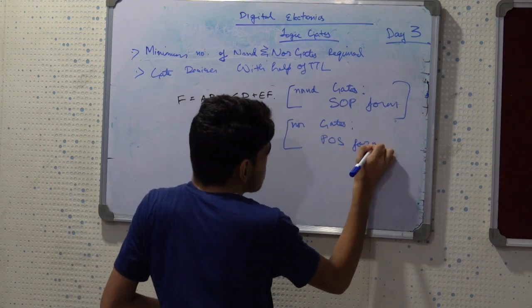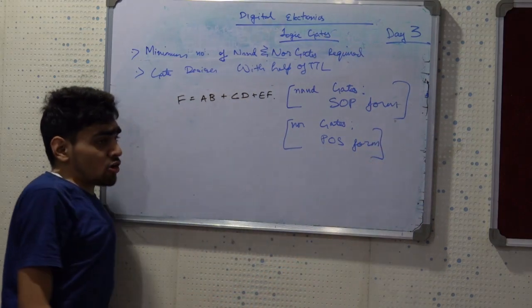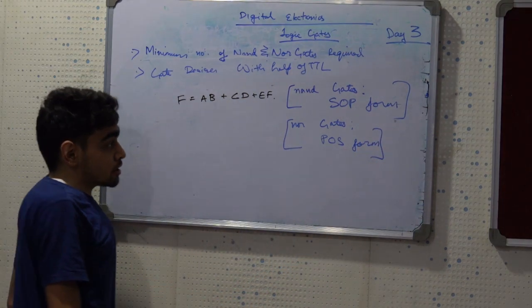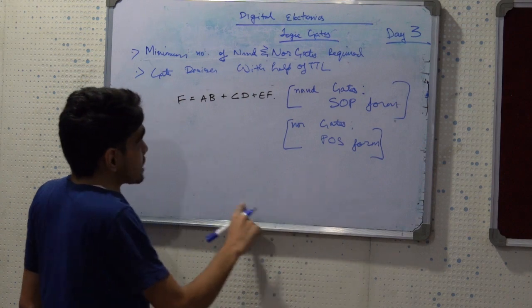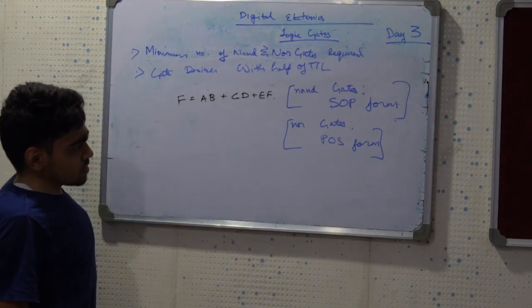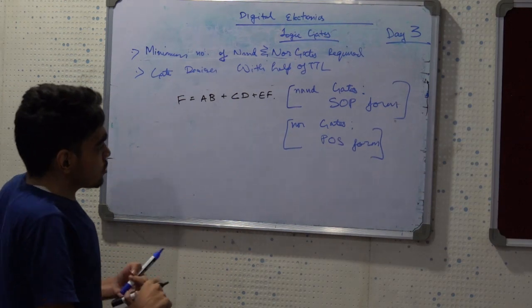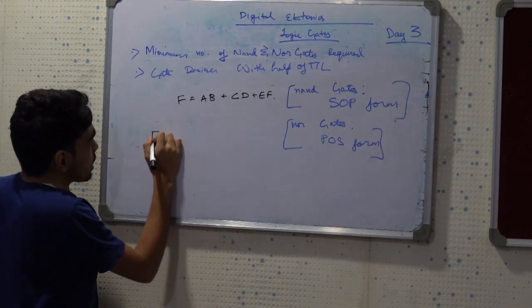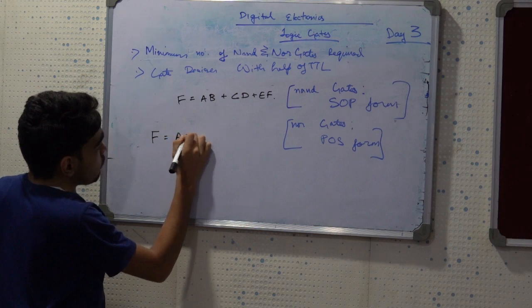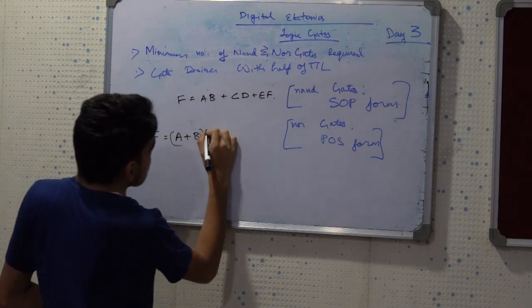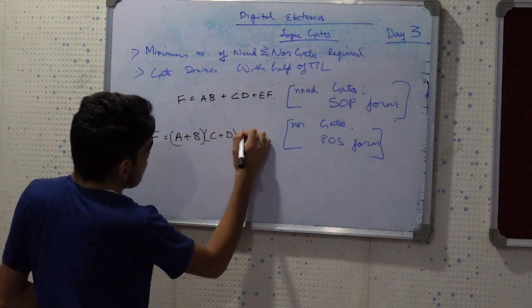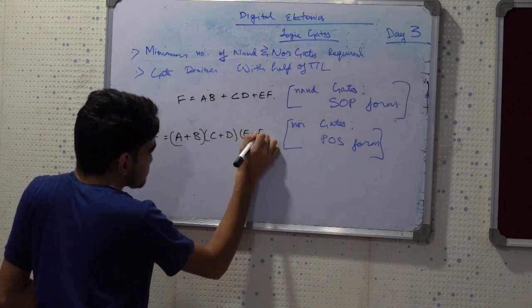So when I teach Boolean algebra, I'll also teach how to convert it into POS form. So like that, I'll tell how to find the minimum number of NOR gates also. But now let me just take an expression in POS form. Let me give a brief overview of this.